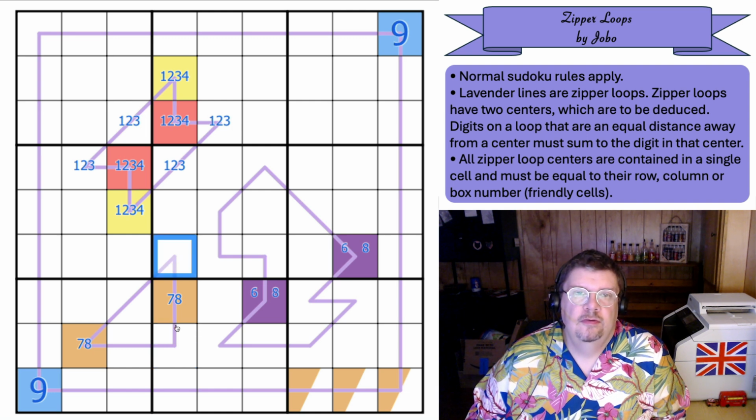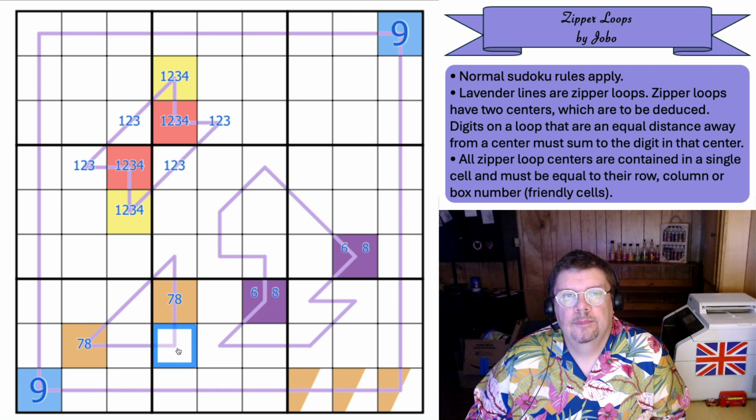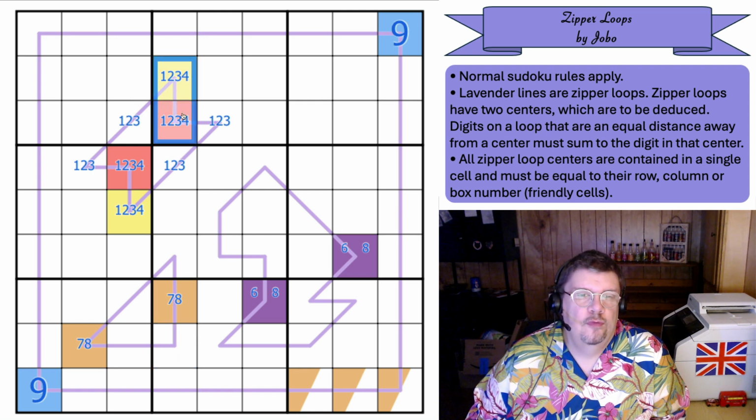Right, these two digits also include a 1, 2 or 3. Right, and that just gives us another virtual 1, 2, 3, 4 pair in the column. And again, we know that one of those is 4, but we knew that from that.